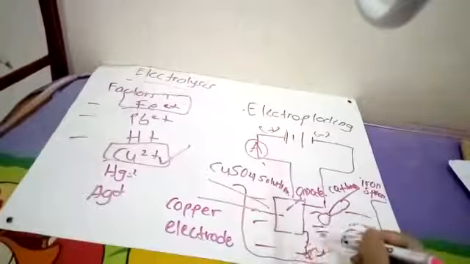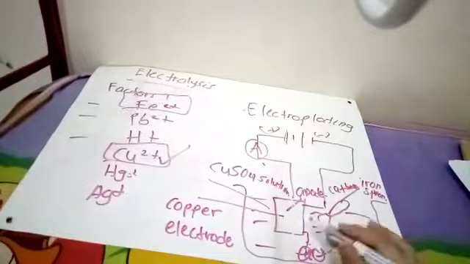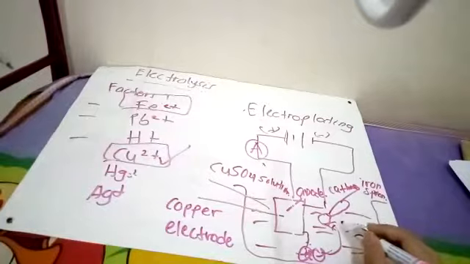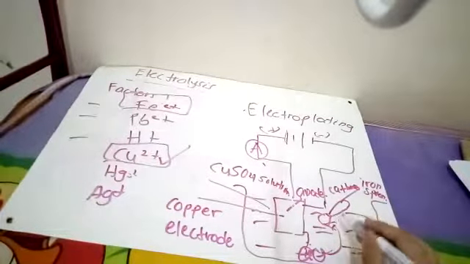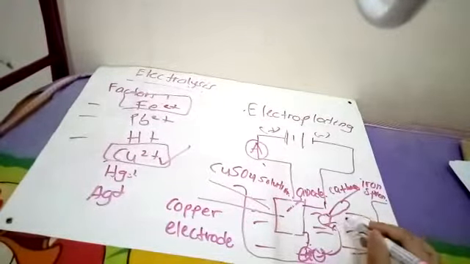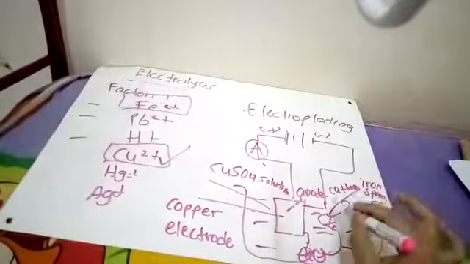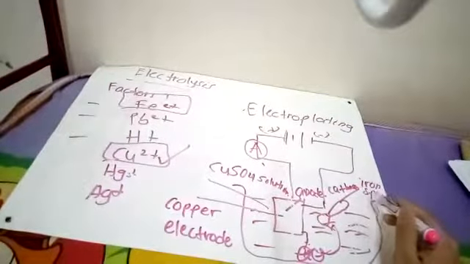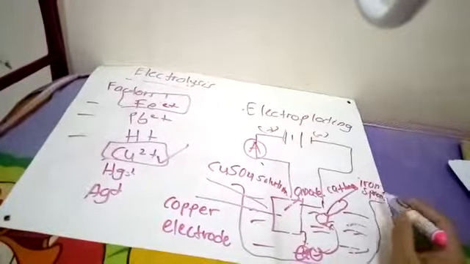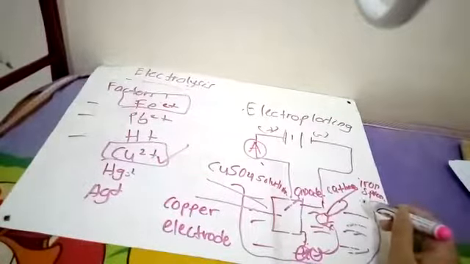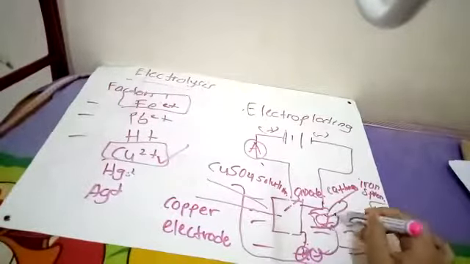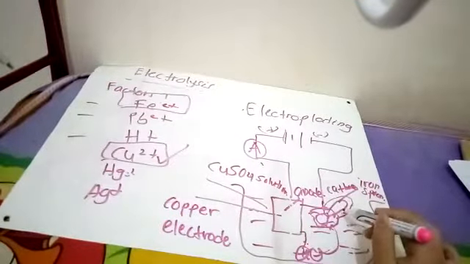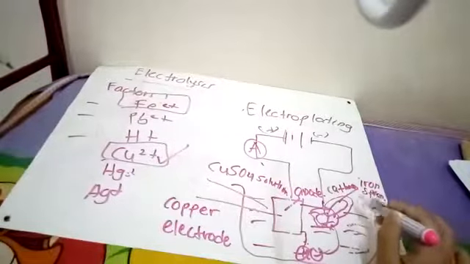Then the Cu2+ ions will be attracted to the iron spoon, receive electrons at the iron spoon and stick on it. So we can see the iron spoon has a shiny color. At the end of the experiment, you can see the brown color stuck on the iron spoon, showing that the copper has been deposited onto the iron spoon.